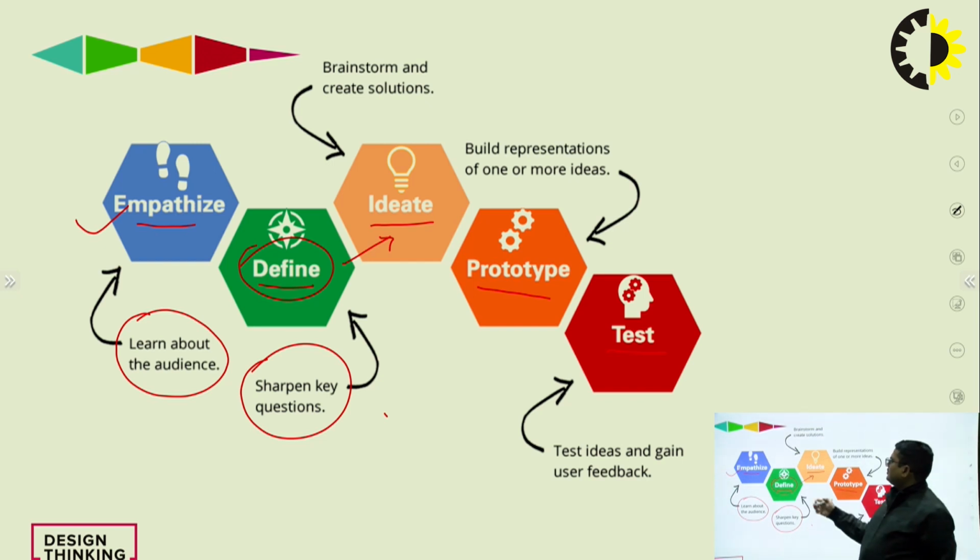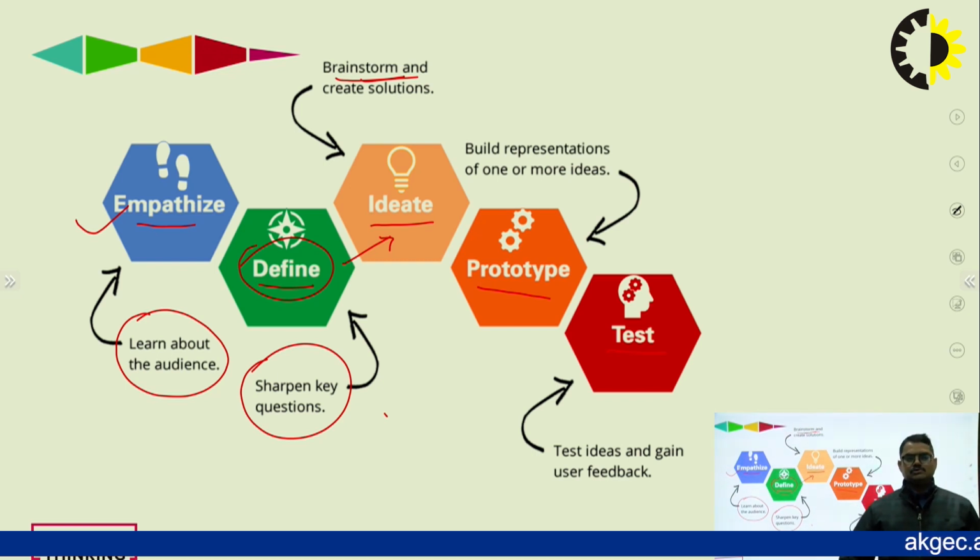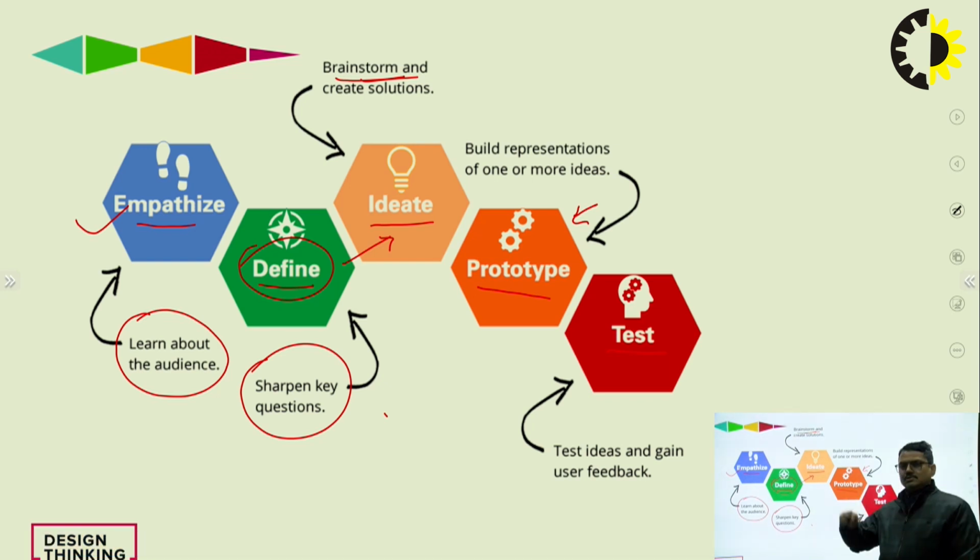During ideation, brainstorming is the key word. We need to do a lot of brainstorming and get into the solution of our problem. Once it is defined that this is the problem and this is how we are going to solve it, we create a working prototype. This working prototype is for the users, for the designers also, but it is more appropriate for the users, because we are going to give this working prototype to the users and ask them to use it, if we are concerned about a product.